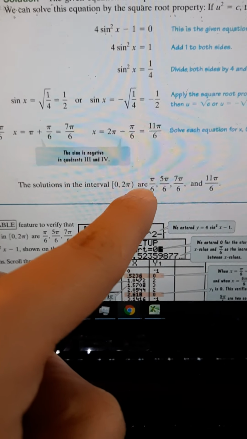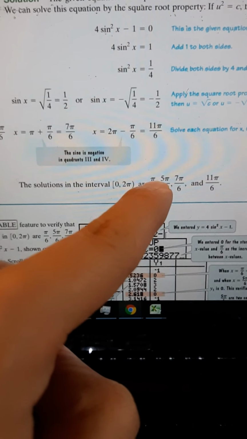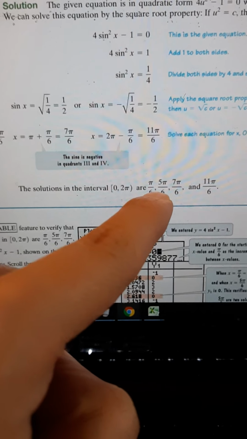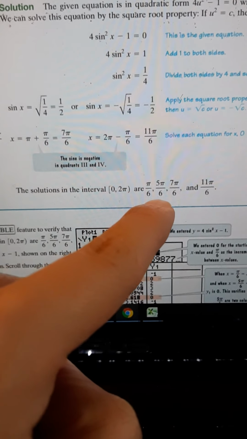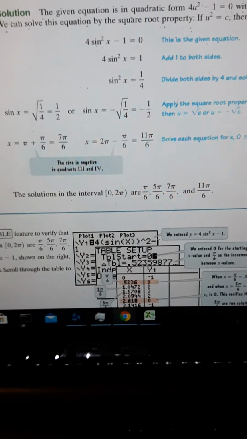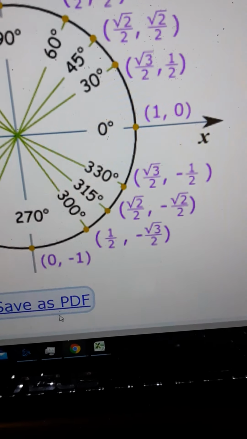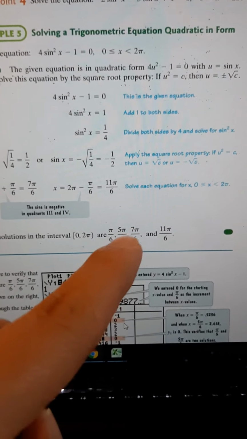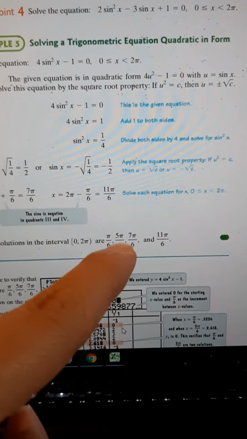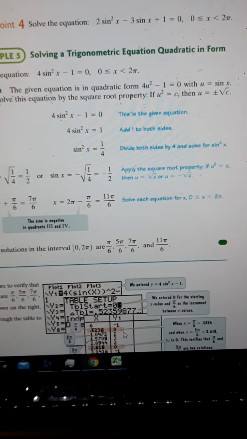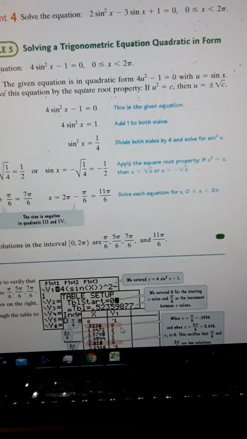Pi divided by 6, which is 30. 5 pi divided by 6, which is, I forgot, 150? I think so, yeah, 150. And then we have 7 pi over 6, which is 210. And finally, 11 pi over 6, which is 330 degrees.